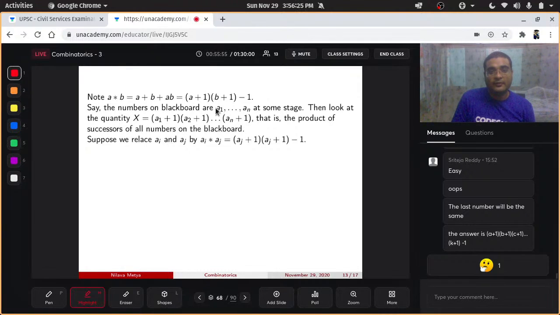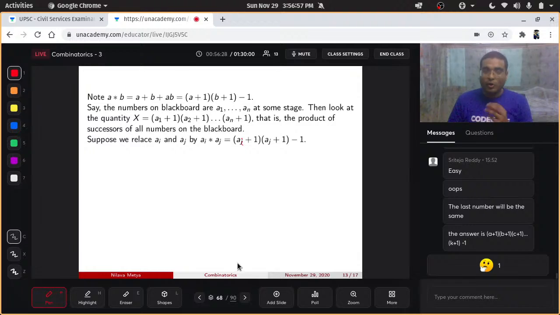Now, so we have these numbers A1 through AN and we choose two of them, say AI and AJ, and without loss of generality, AI comes before AJ. In that case, we are deleting AI and AJ and writing this AI star AJ number, which is equal to AI plus AJ plus AI AJ, which is equal to (AI plus 1) times (AJ plus 1) minus 1. This is the number that we are writing instead.